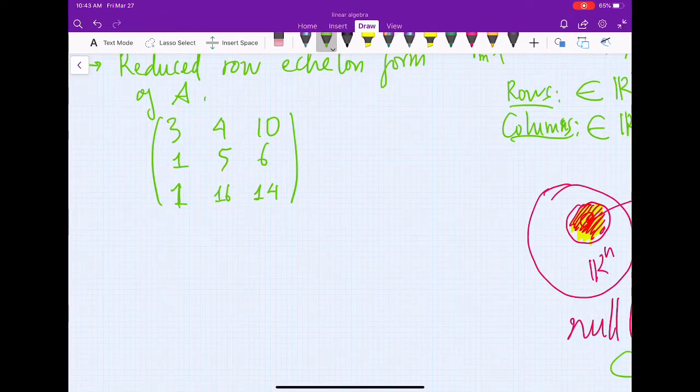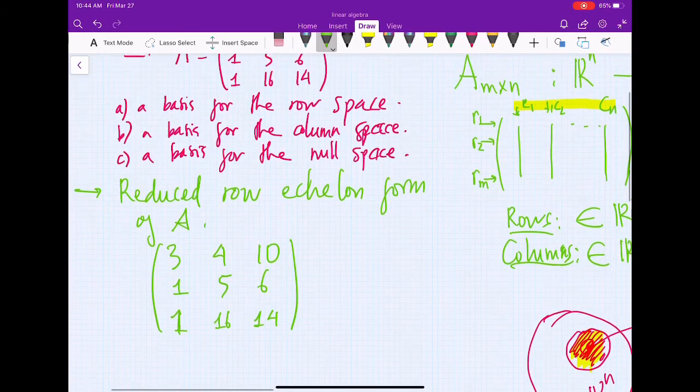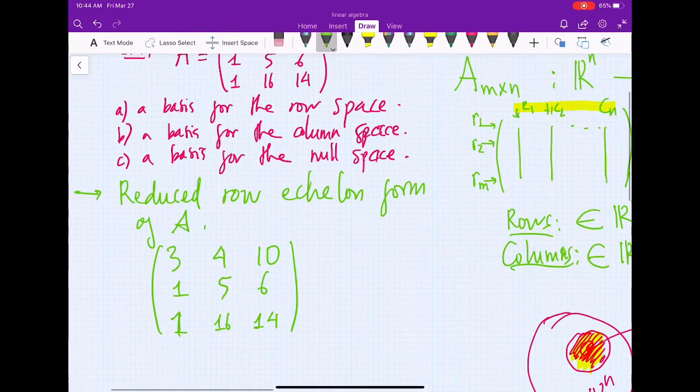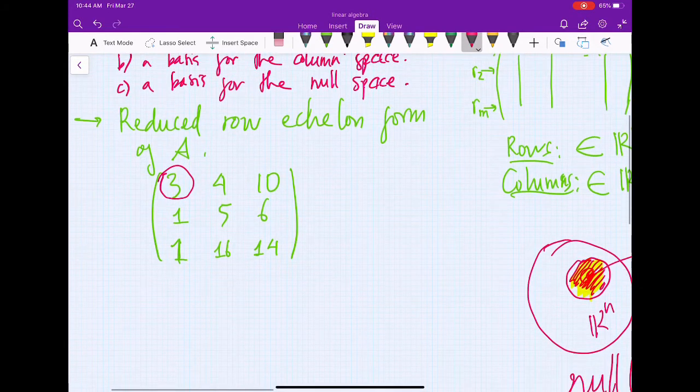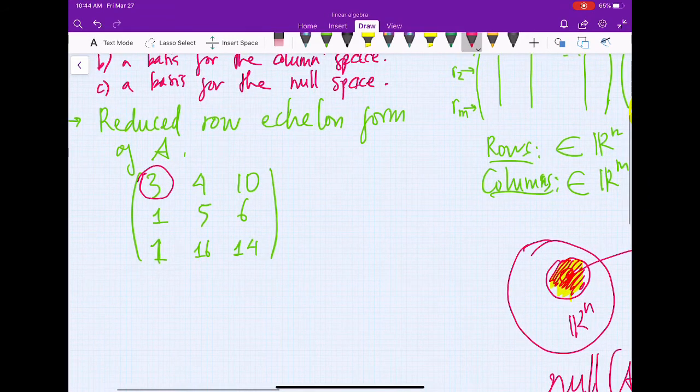I will do the following. For the purpose of this problem, we might interchange rows because you want to have a leading element equal to 1. Here you have 3, which is not very good for computation. So basically, I could just interchange the first row and the second row. Or, in general, you don't have to do that.